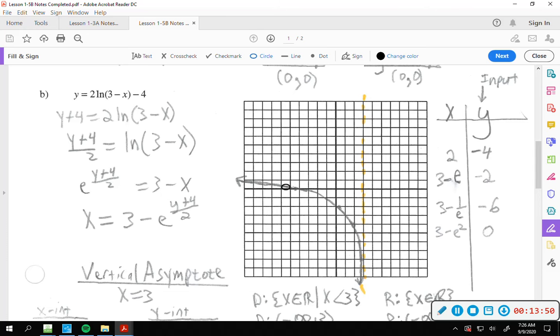Let's go the other way just to see what happens if we did pick a 0 here, from this most interesting value. If we pick 0, we get 4 divided by 2 is 2. e squared is going to be larger than 3, so you get 3 minus this value, which is negative. Okay, it's going to be back here.